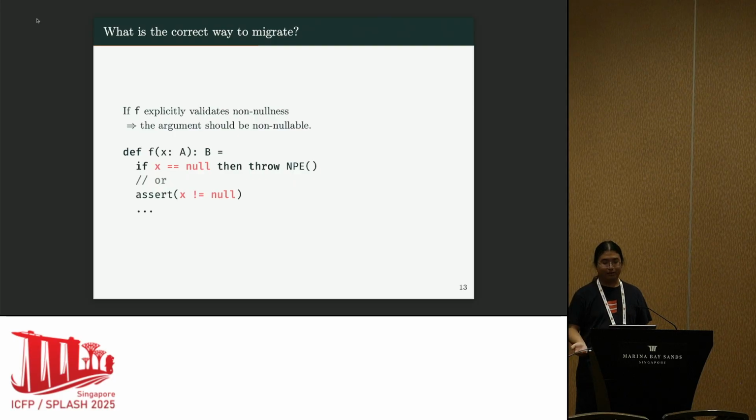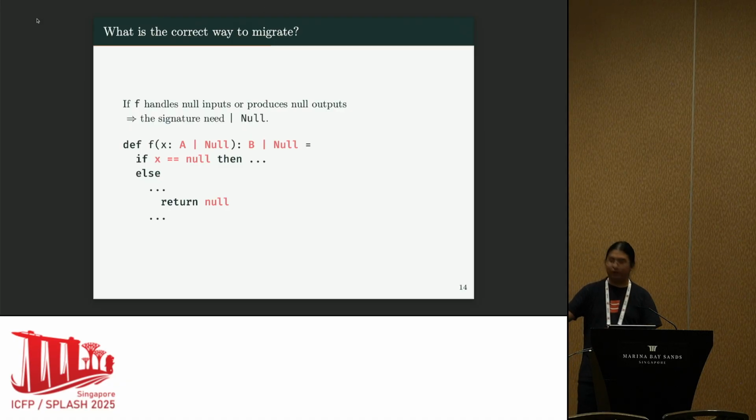At the same time, if at the beginning you are checking this to be non-nullable, using some assertion or throwing exceptions, then it should probably also not change the type of the parameter. Even though it can be nullable at the beginning, we should keep the original types to encourage people to pass non-nullable values to these functions.